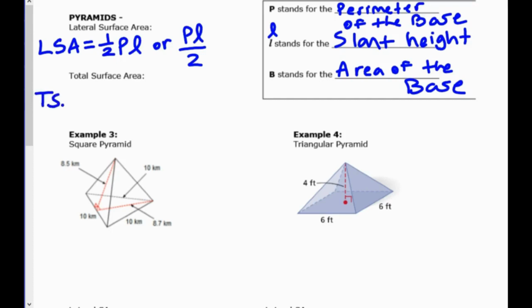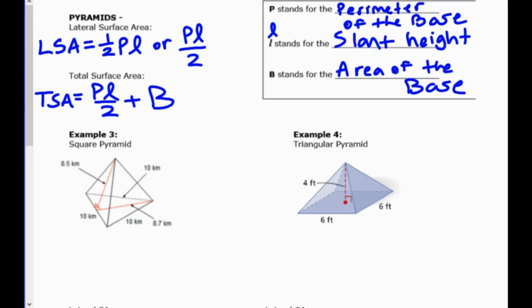Total surface area, kind of like before, we're going to keep what we had before. We'll have that PL over 2 plus 1 big B. This should make sense. How many bases are on a pyramid? 1. So there's only 1 B that you're adding. But on a prism, there were 2 B's you were adding, right? All right, so we got our formulas for total and lateral.